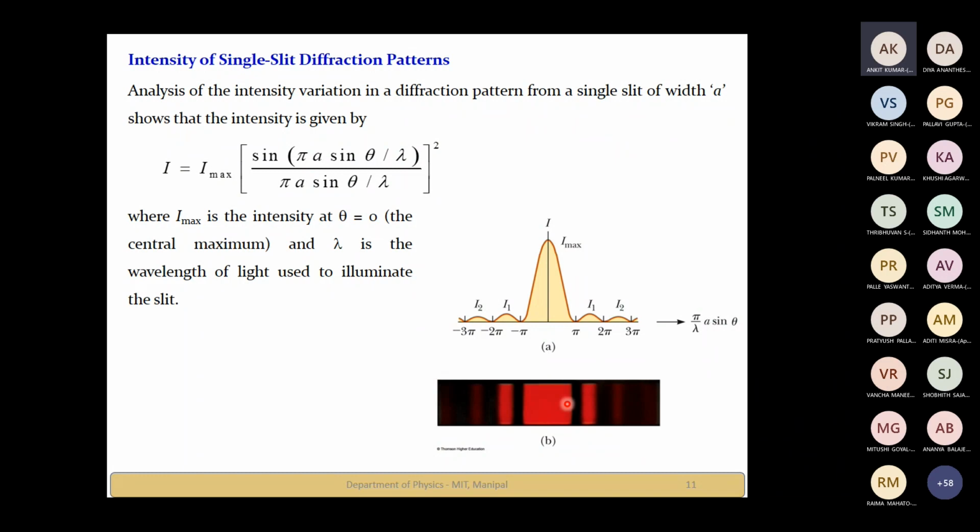The diffraction won't happen. Just now we have discussed that it happens when the width is comparable to the wavelength of light. Anyone can tell me, if I choose A is equal to lambda, what will happen?